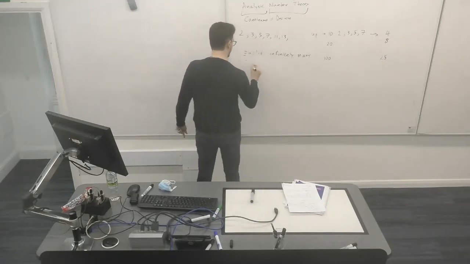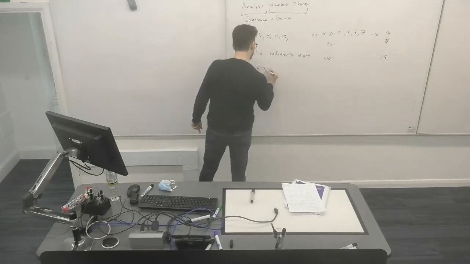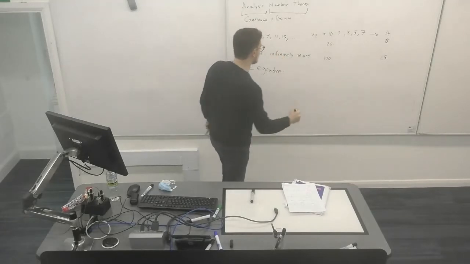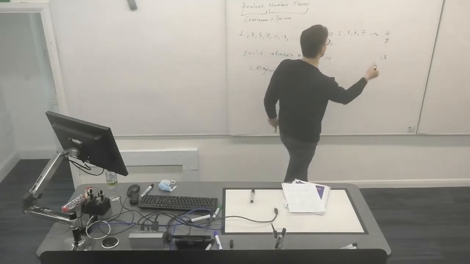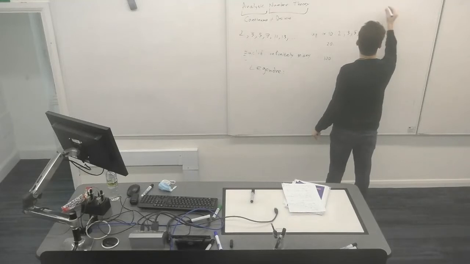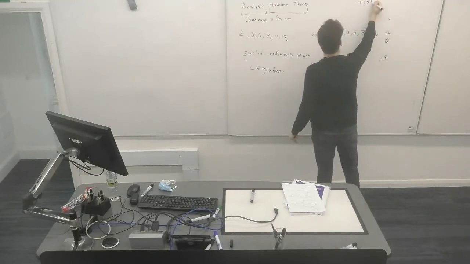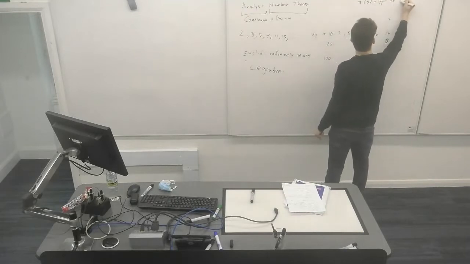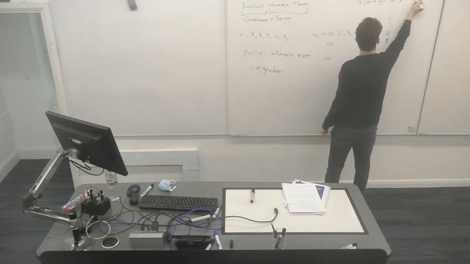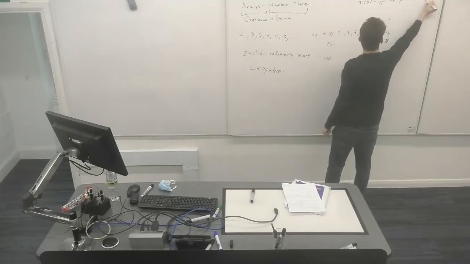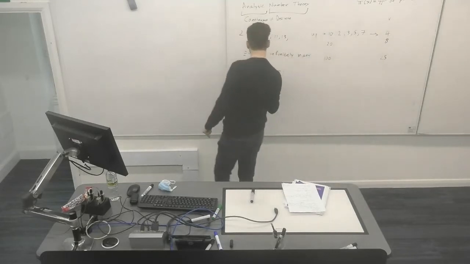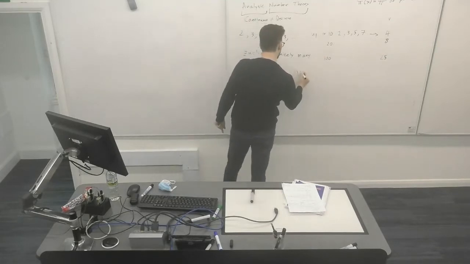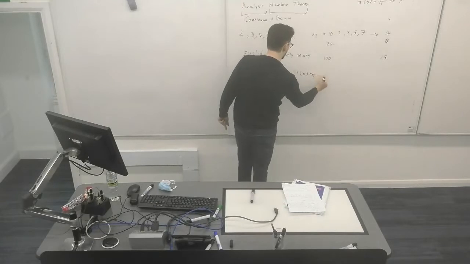It was Legendre first who thought that this number here, which by the way we call pi of x, where pi of x is defined as the number of primes smaller or equal to x, kind of looks like x over log x.